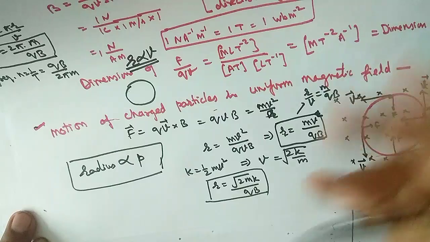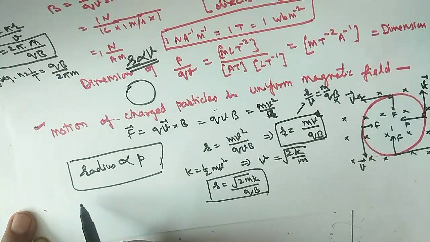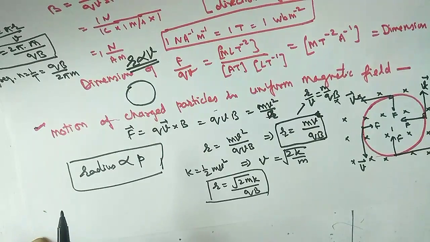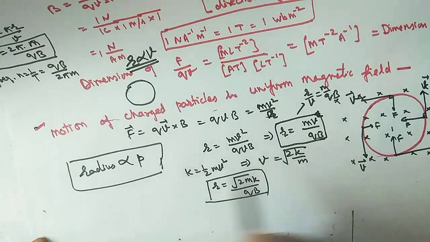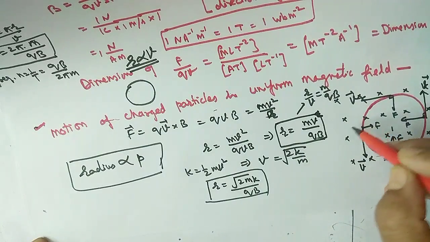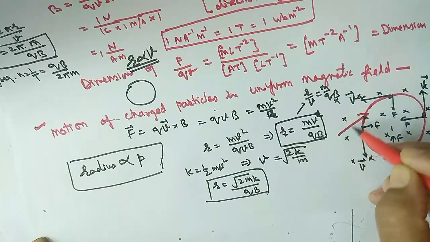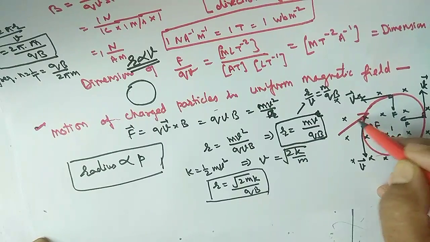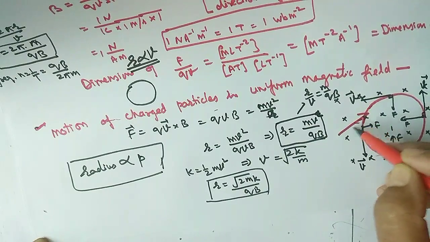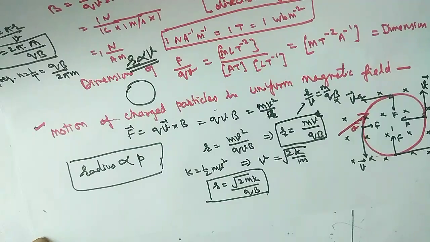Now I'm taking a special case. Suppose the charged particle does not enter perpendicularly, that is at 90 degrees. Suppose it enters at a particular angle, at angle theta. Then what will happen?